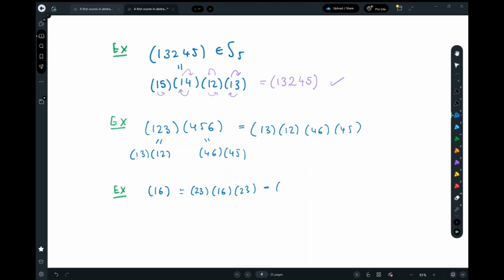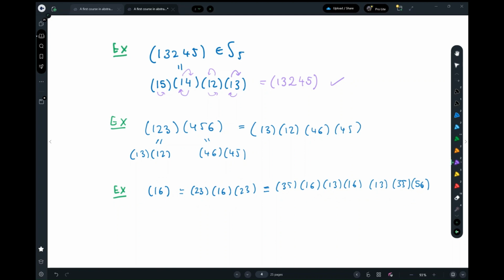And also as (3 5)(1 6)(1 3)(1 6)(1 3)(3 5)(5 6), it turns out that that is an equality. Also, I'm not going to check it here, but there are several ways of writing one cycle as a product of transpositions. There is a way, but there are several ways.